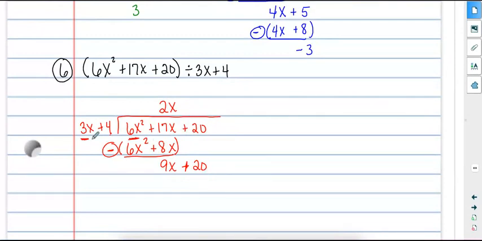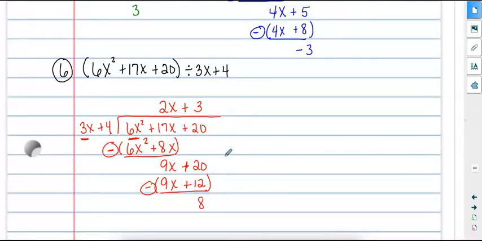Okay, so we're looking at the first terms. 3x times what gives us 9x? Positive 3. So 3 times 4 is 12. It's positive 12. And then 3 times 3x is 9x. Okay, we have to subtract the whole thing. So we get 0, and then 20 minus 12. The difference is 8.